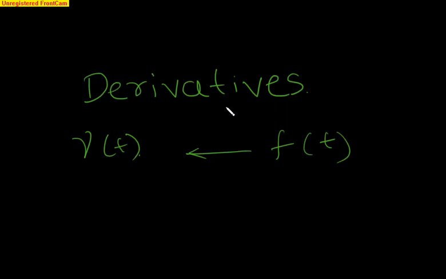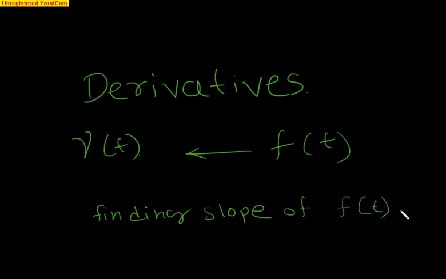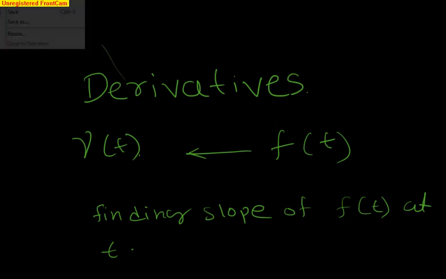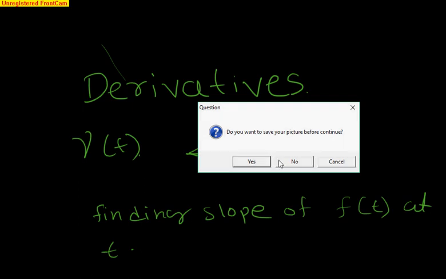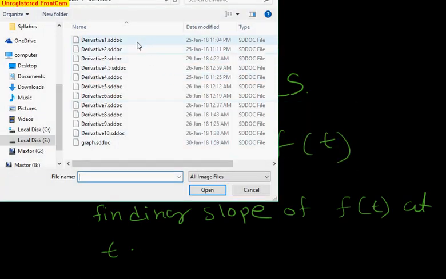Alternative name for derivative is nothing but finding slope of f of t at t. In case of distance, this is nothing but velocity. That's it, my friend. Don't need to save it.